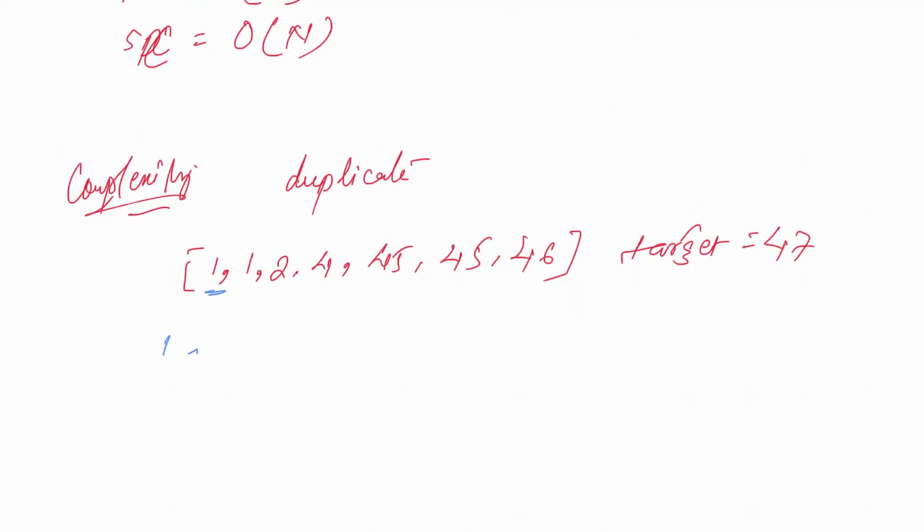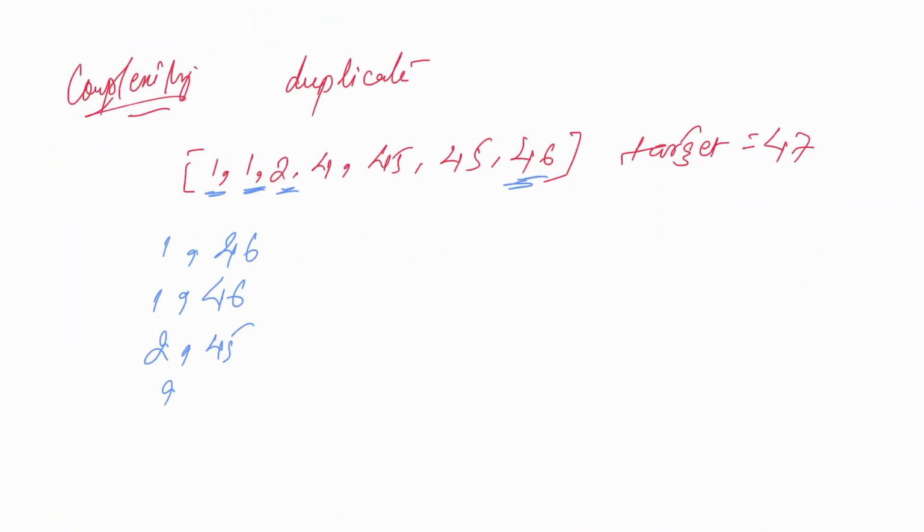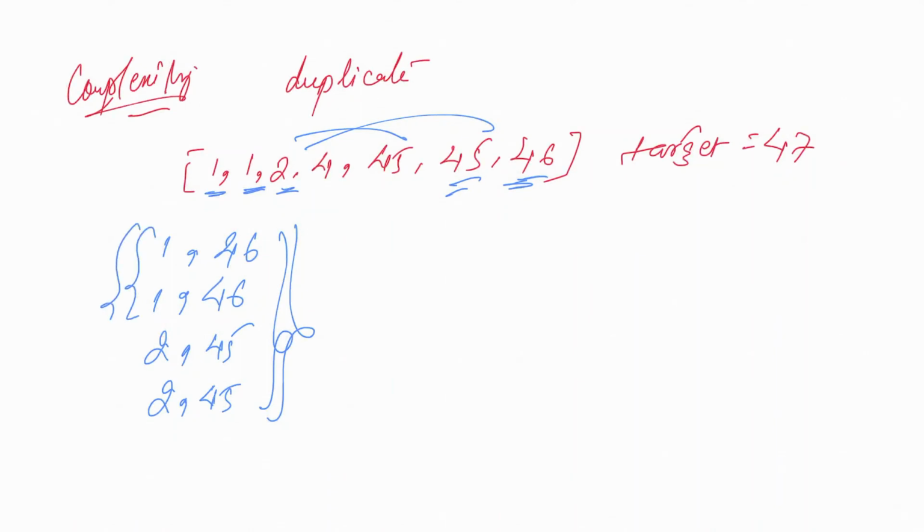It will become 1 and 46, twice, and 2 and 45, twice. As we discussed, we need to return unique values, so out of these two we need to take only one, so it will become 1 and 46, and 2 and 45.